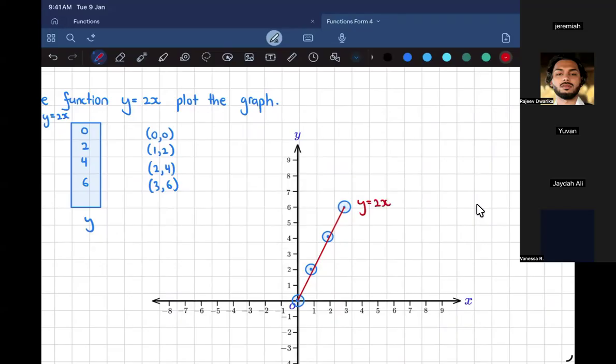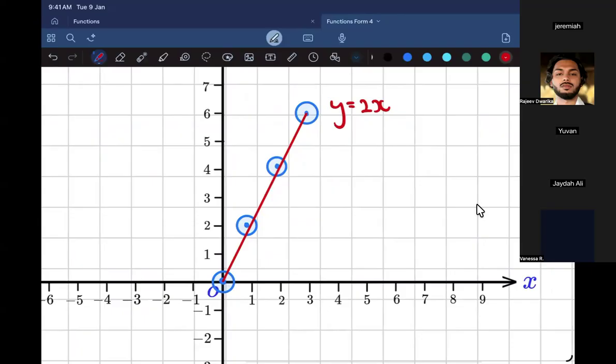Now, Jada, I want to show you something interesting. If you do the vertical line test, at this point over here, what would x be? Anybody can tell me, not just Jada. Vanessa. If I do the vertical line test over here, x would be what?